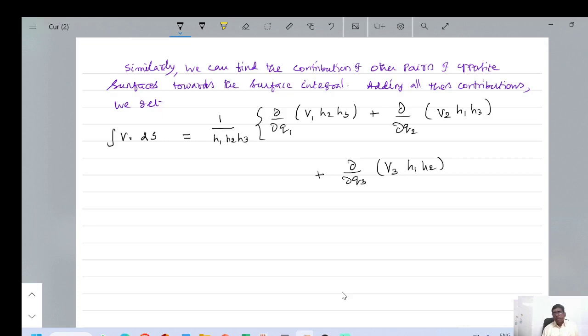The entire expression is multiplied by dτ. This is the value of v dot ds.